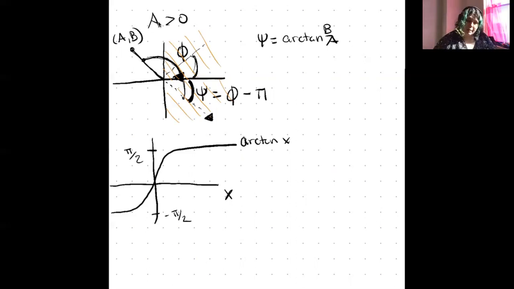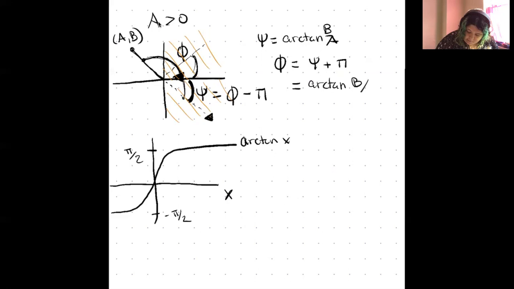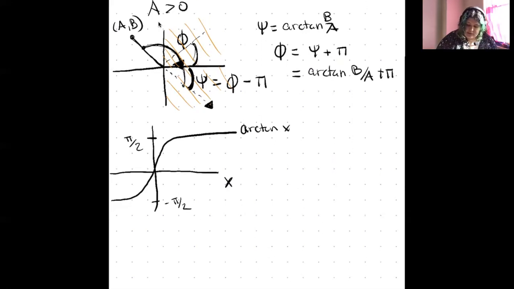So just like in our previous case where this was arctan b over a, we still have arctan b over a. So that means that phi is going to be psi plus pi. Now I'm saying a bunch of i's, it's all rhyming here. And that's going to be arctan b over a plus pi. Okay, so that's case 2.